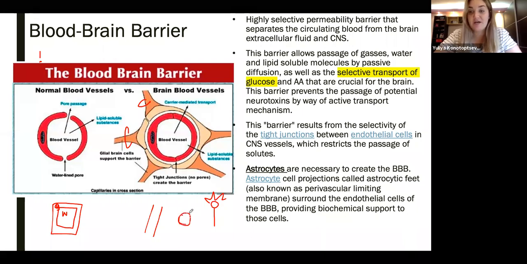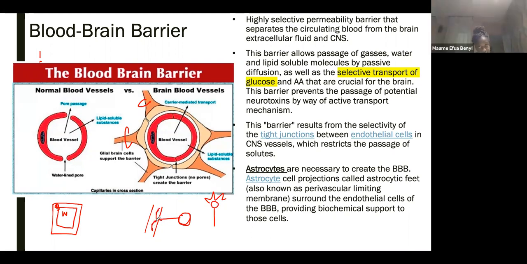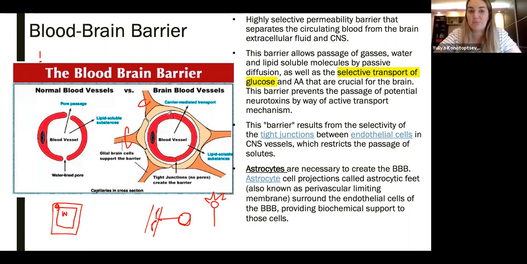Foot processes of the astrocyte are going to be located on the surface of the blood vessel, specifically where two endothelial cells have a junction. So a foot process of the astrocyte always ends up in a place where the two endothelial cells are meeting.